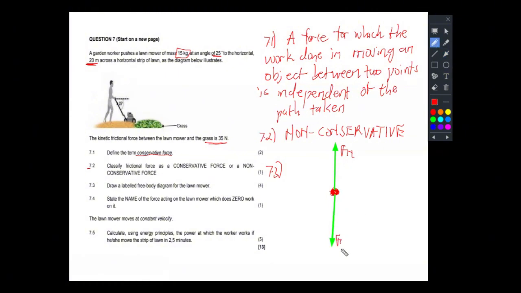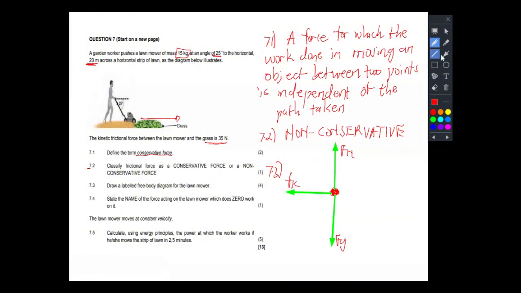Those are your obvious forces. Then we have frictional force, which is opposing the motion. Note that frictional force does not oppose the force applied, but rather opposes the motion of the object. Remember that as much as this is being pushed at an angle, the lawn mower is moving in that direction, so the FK has to oppose the direction of motion.